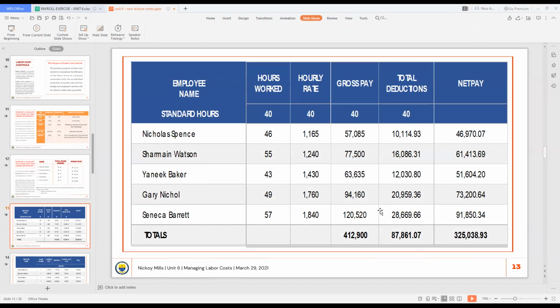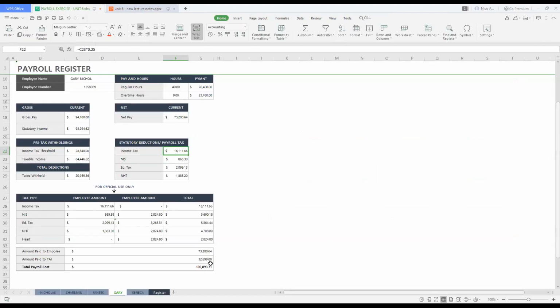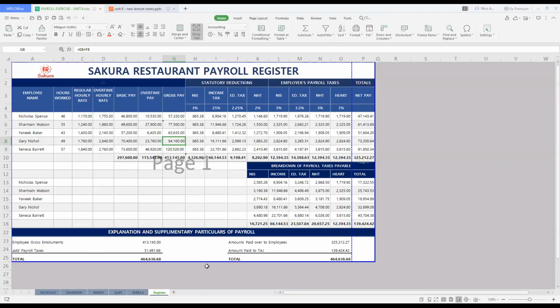We take that away from his gross pay of $94,106 to get a net pay of $73,264. We move on to Seneca, and Seneca worked.